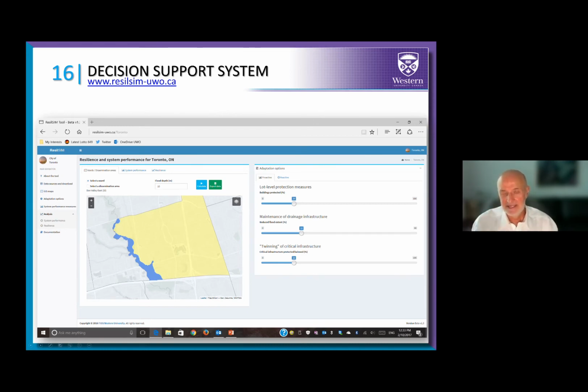By selecting the measures and changing their intensity, we automatically go back into the calculation of resilience and show on the left-hand side how it's changing.